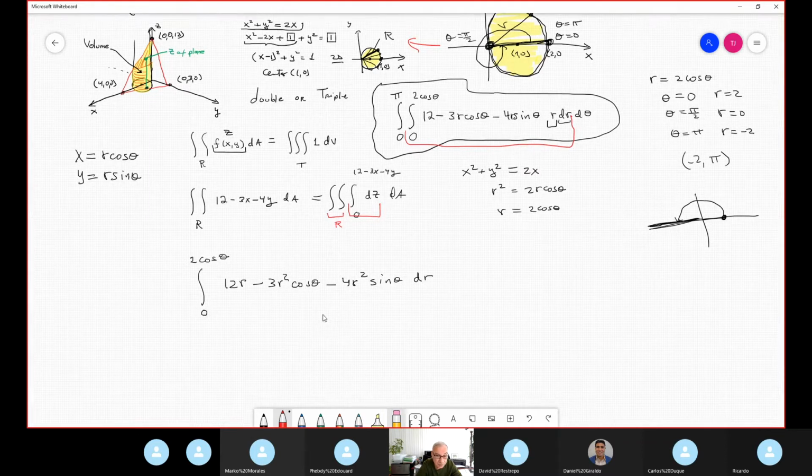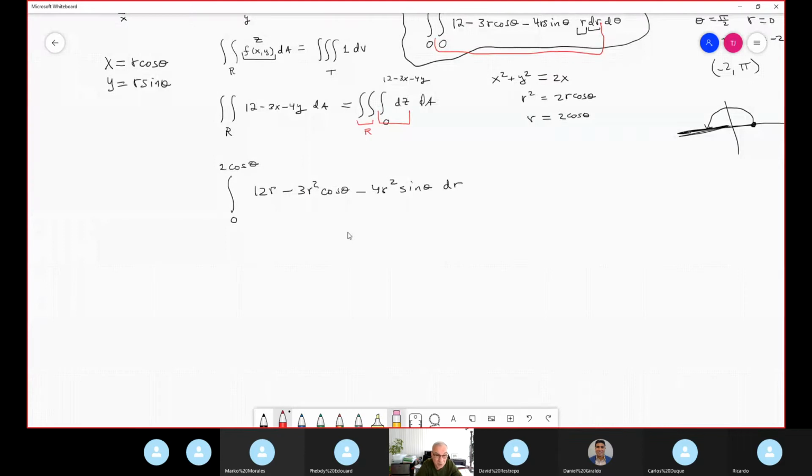Okay, in R, I suppose it's easy, because the antiderivative of this is R squared divided by 2, so 6R squared. Do you follow me?